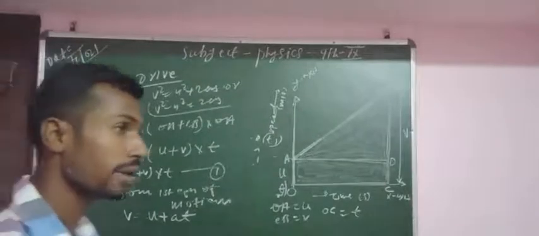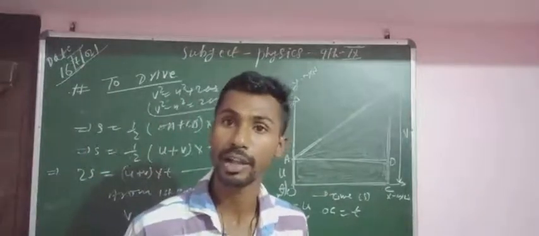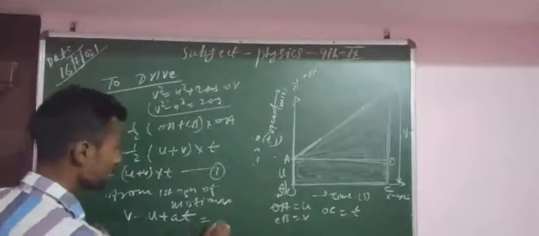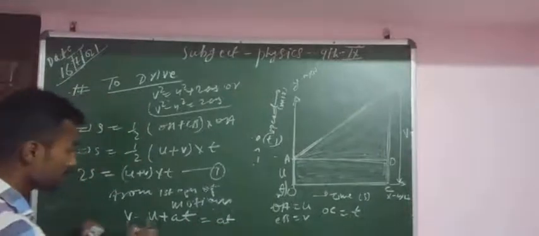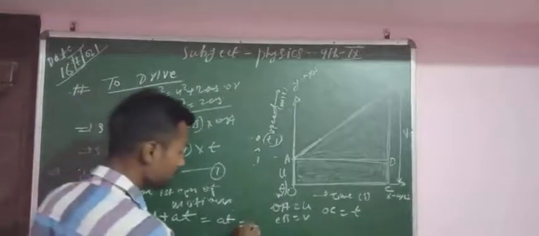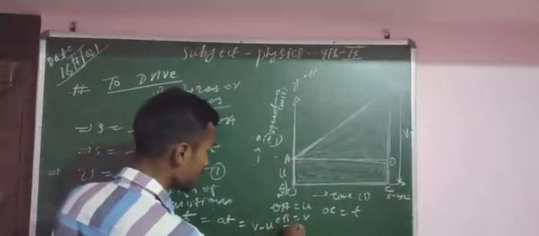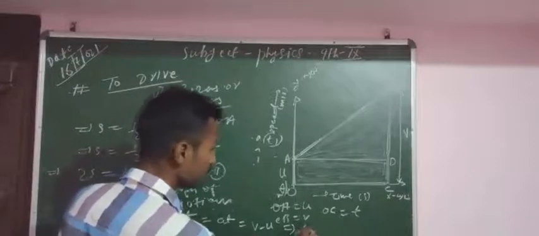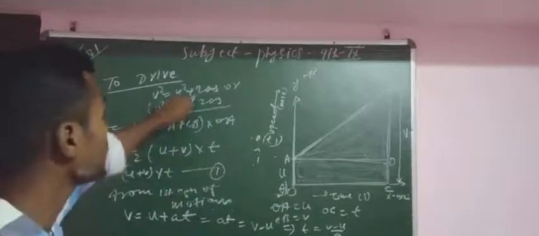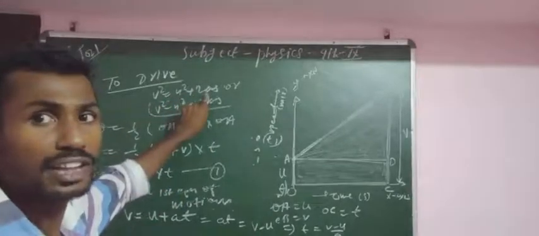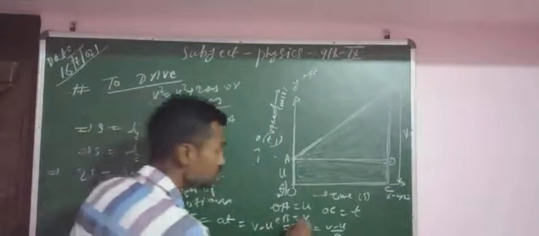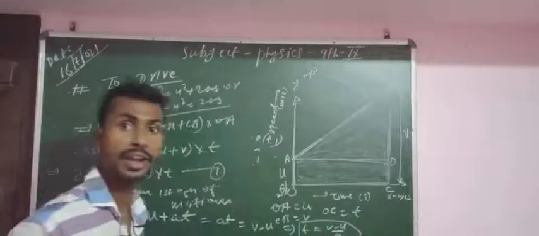Simply, from the acceleration formula, at equals v minus u, and finally we can write t equals (v minus u) by a. Look at the question: t is not needed here, that means t is not mentioned, so obviously we will eliminate t. So finally t equals (v minus u) by a.